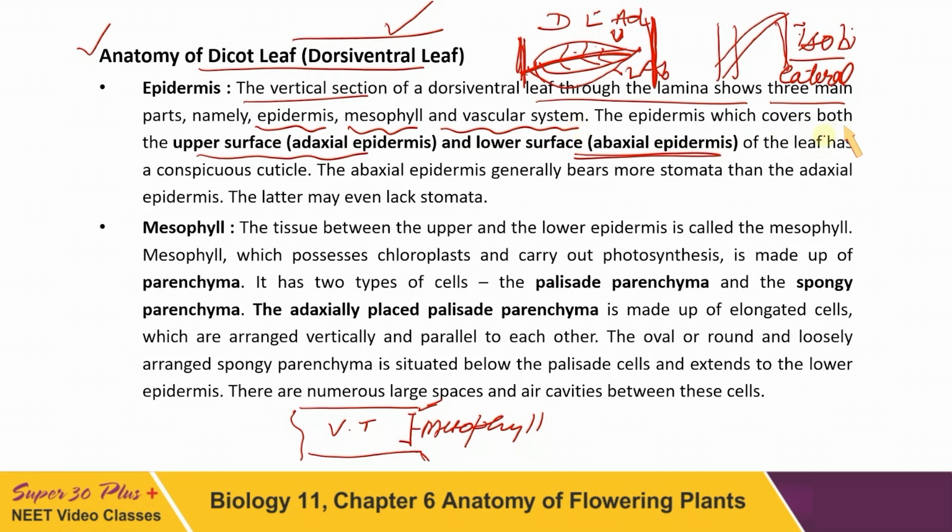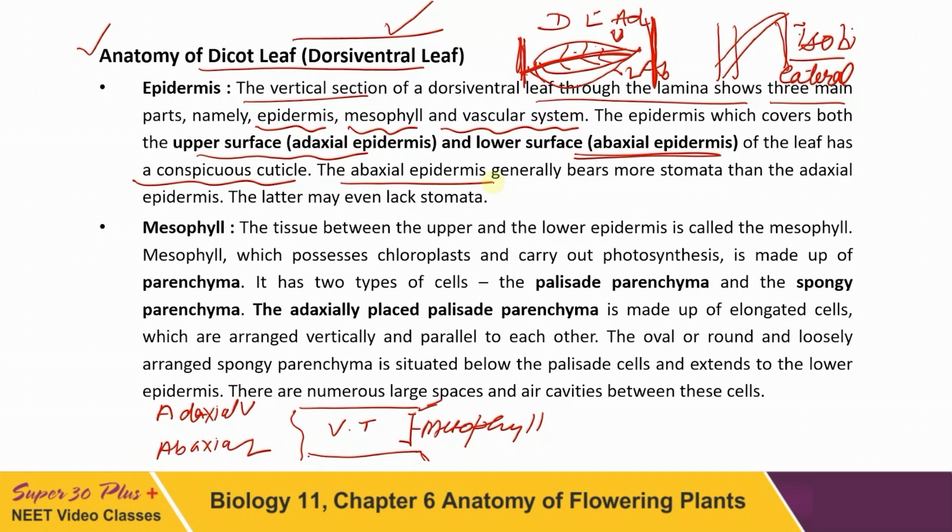The epidermis covers both the upper and lower surfaces. This is the upper surface, and this one is the lower surface. The upper epidermis is called the adaxial epidermis, and this is the abaxial epidermis, the lower one. Both surfaces have a cuticle to reduce the rate of transpiration.